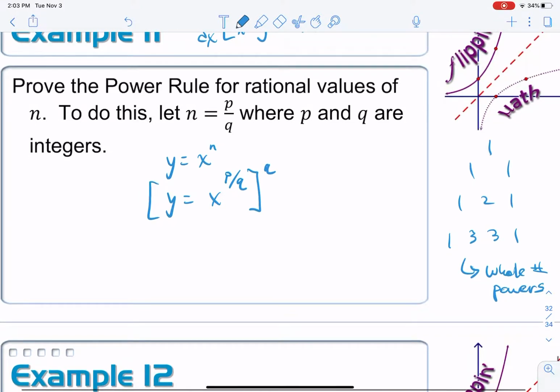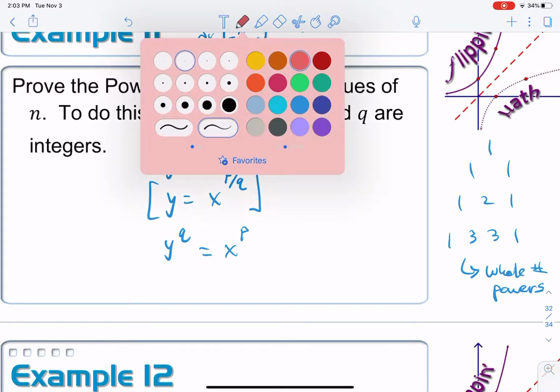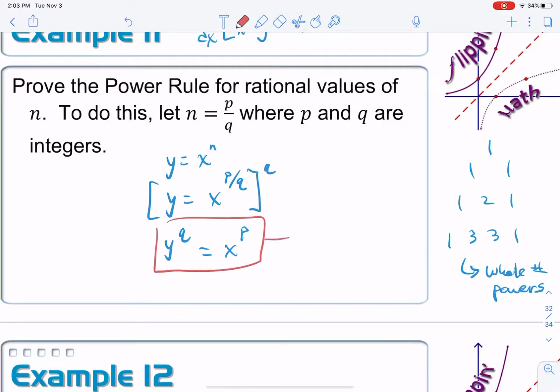When I raise the left side to the qth power, I have y to the q is equal to x to the p over q, raised to the q power. You multiply those exponents together, and you get x to the p power. There you go. Now on this, you want to use implicit differentiation.